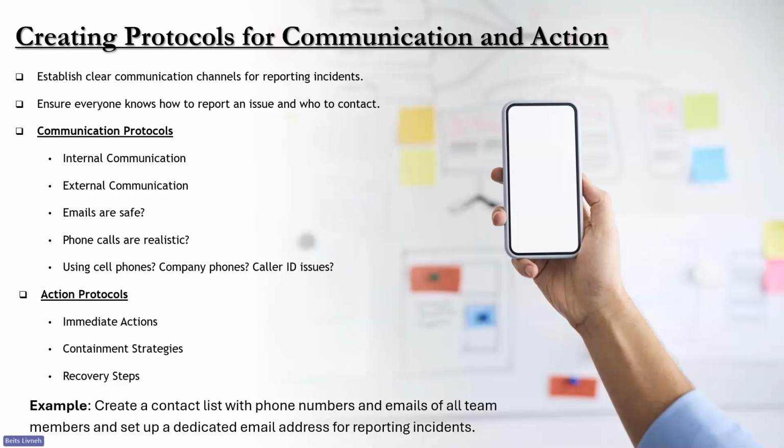Obviously, what actions should be taken immediately? For example, are you going to turn off the internet so no data will be leaked outside? Are you going to shut down your server? Are you going to unplug your router from the electricity? Are you going to call this or that person?